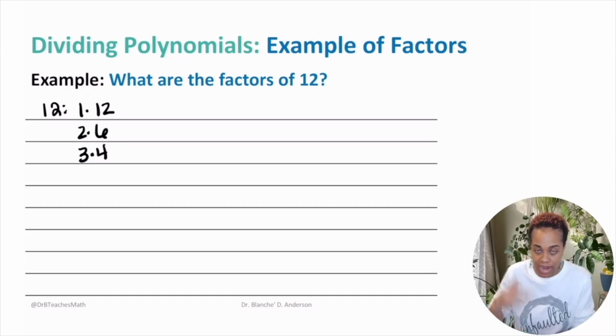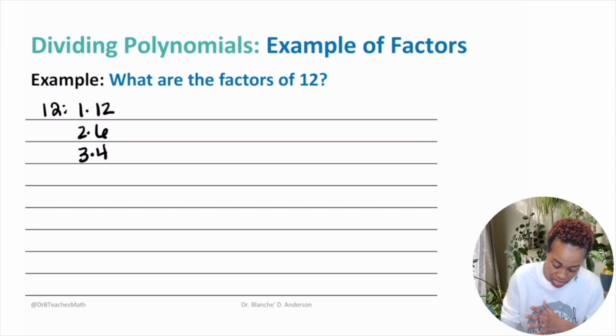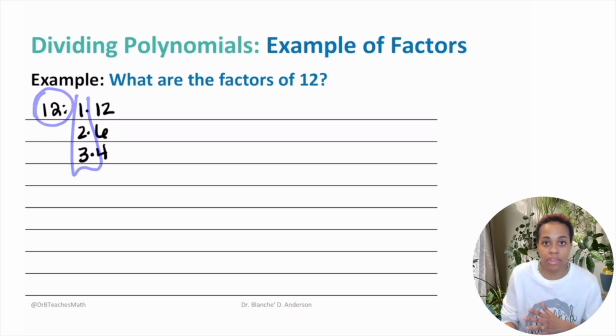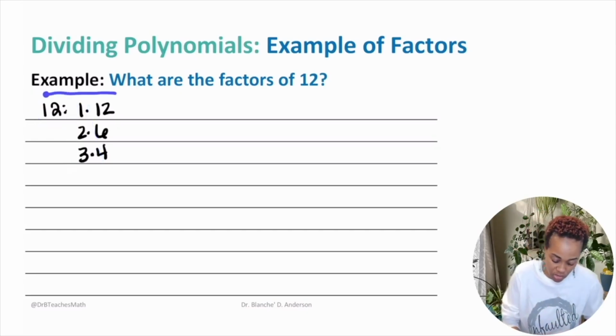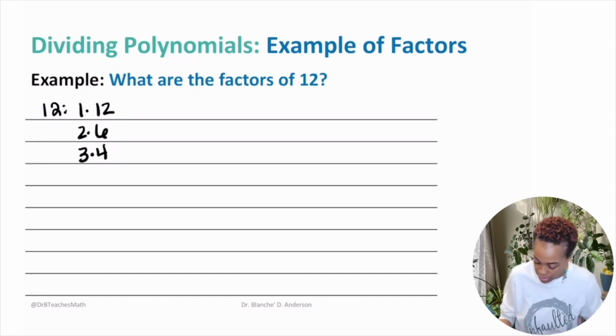So you keep dividing until, if you always get a remainder of 0, then you would say that is a factor. If you learn your multiplication tables, you'll be able to pull out all the numbers that will give you 12, but that takes time, that takes practice. Otherwise, it's just, what two numbers do I multiply together to get 12?